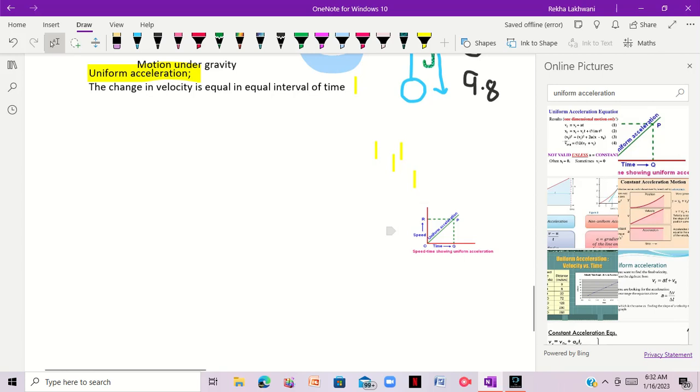Okay, here we have the graph, let me maximize this.